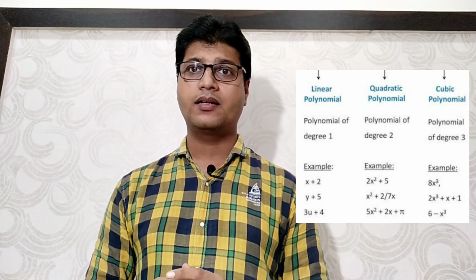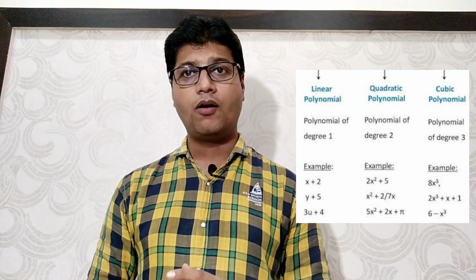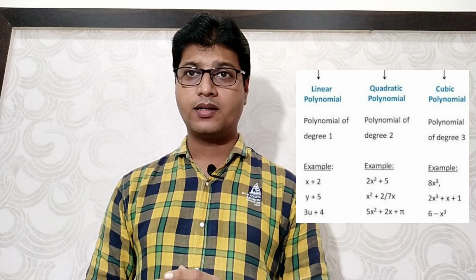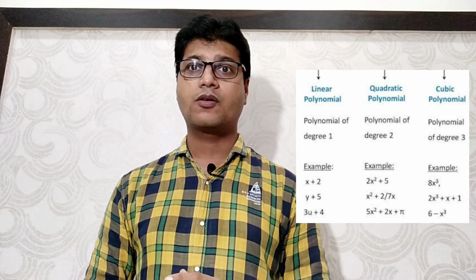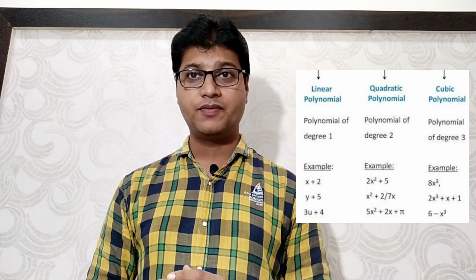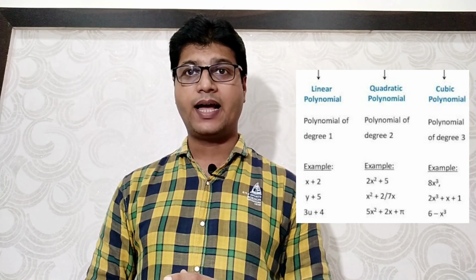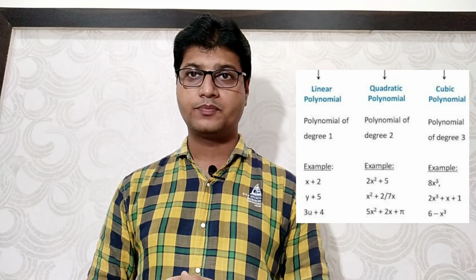If the degree of the polynomial is 2, you call it a quadratic polynomial, and if the degree is 3, you call it a cubic polynomial. If the degree of the polynomial is 4, you call it a biquadratic polynomial, and in this way you can go on defining it.